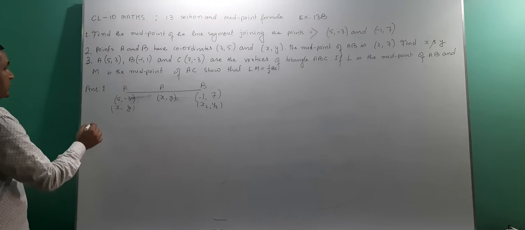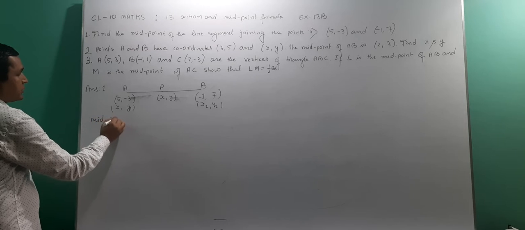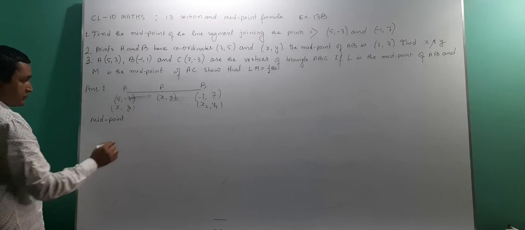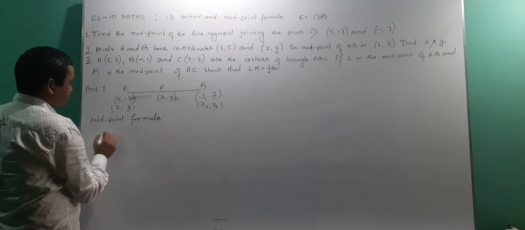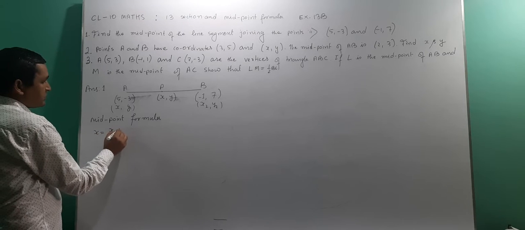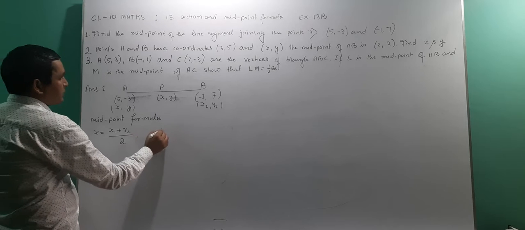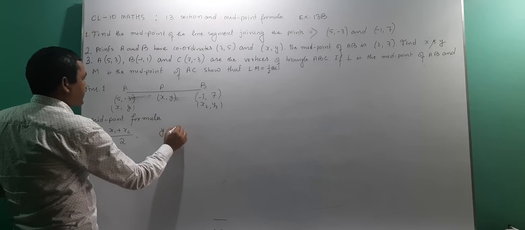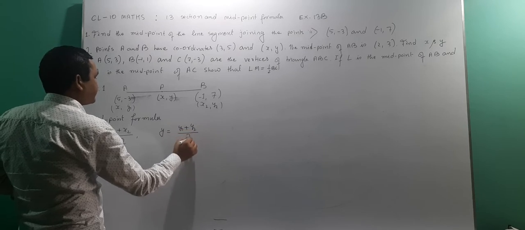Let's write the formula. Midpoint formula: x equals x1 plus x2 divided by 2. This is very easy. Then y equals y1 plus y2 divided by 2.